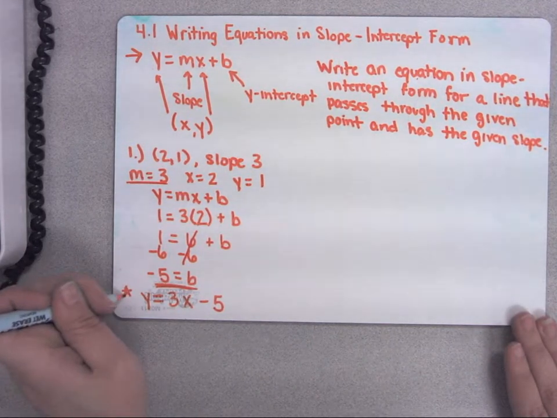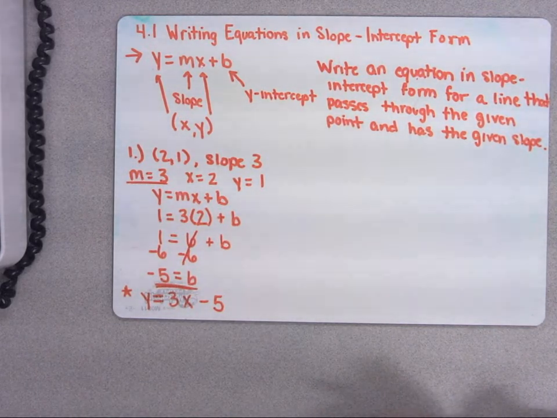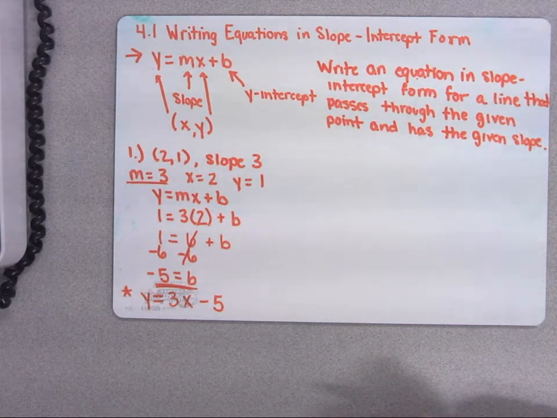So that is actually our final answer, because that's what we want. We want our equation with m and b in it. We only use the point to find the answer. Once we found our b answer, we don't need the point anymore.